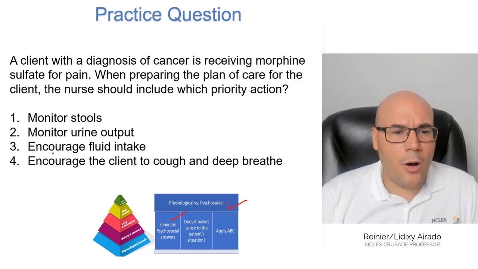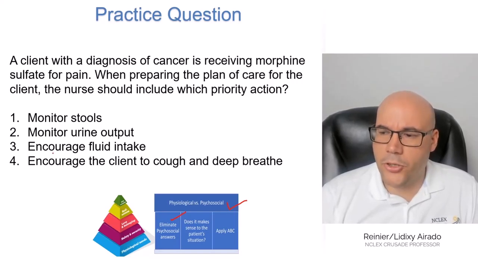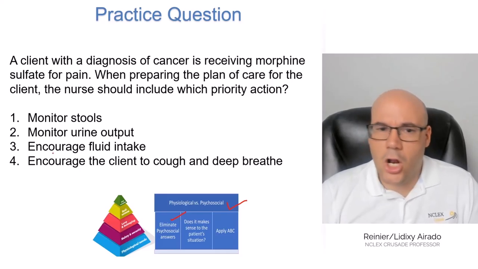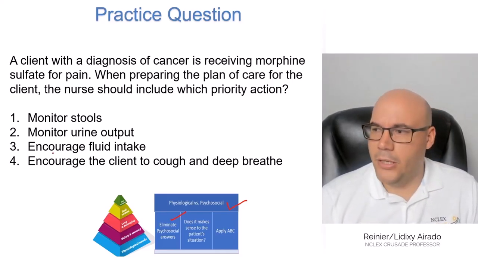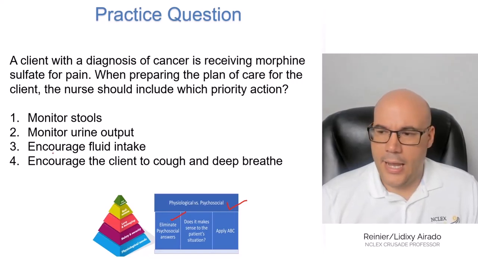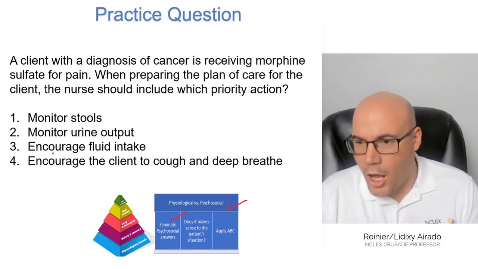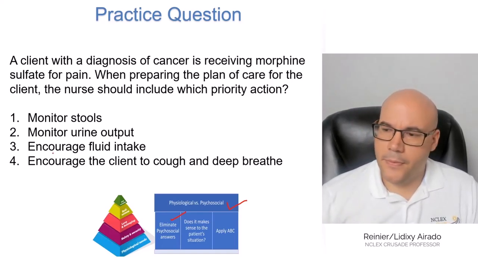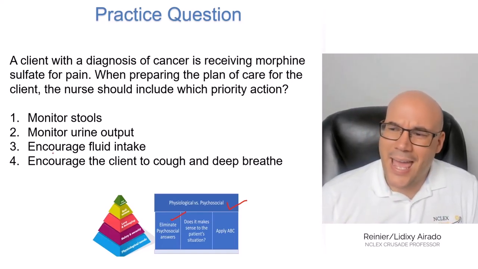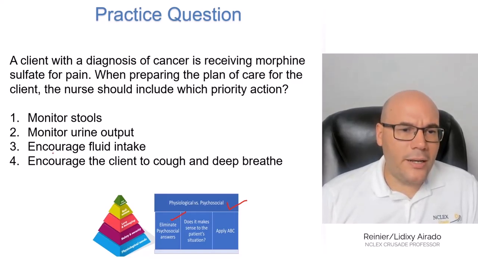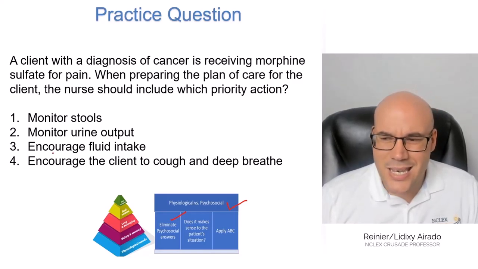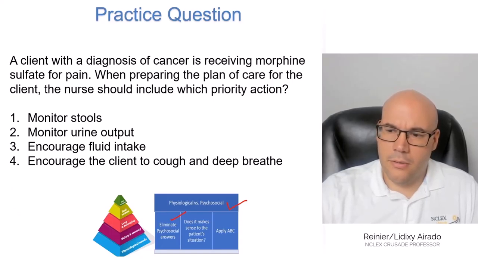Monitor urinary output. So when I look at answer number 2, is there a close relationship between morphine and fluid volume deficit, fluid volume loss? No. So in this case, monitoring the urinary output is not as important.